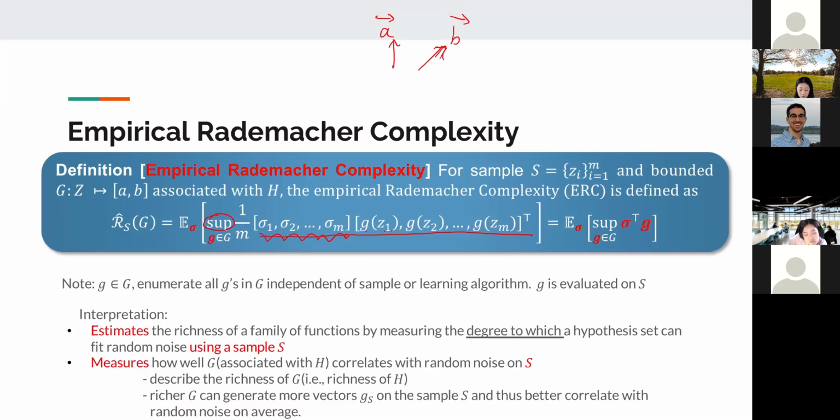The supremum tells you that you want to find the one that can best fit the random noise. And now the result is the complexity, right? So the better you can fit the random noise, the higher your empirical Rademacher complexity will be. It's also very important to notice that this is taking expectation over sigma. So it's not one realization of the sigma. In expectation, you can fit this random noise.